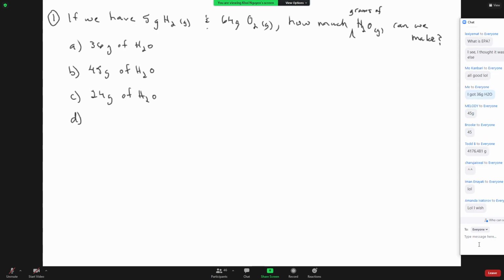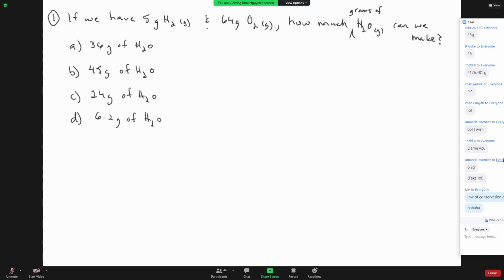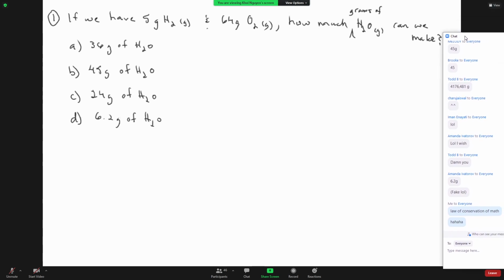We'll try to keep it realistic numbers. I think you're violating some laws of conservation of math or mass. 6.2 grams of water. Okay, sounds good. I know, right? Off the top of my head, I was trying to be punny already. Law of conservation of mass, not law of conservation of math.